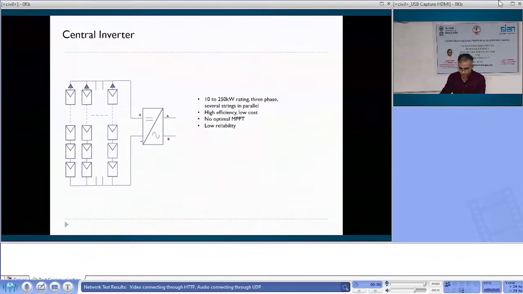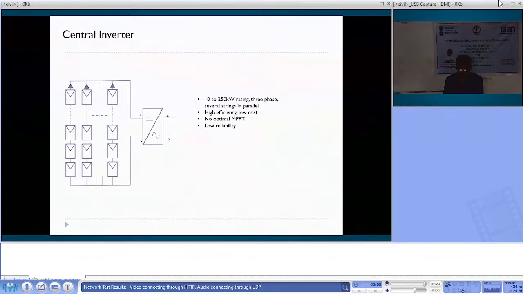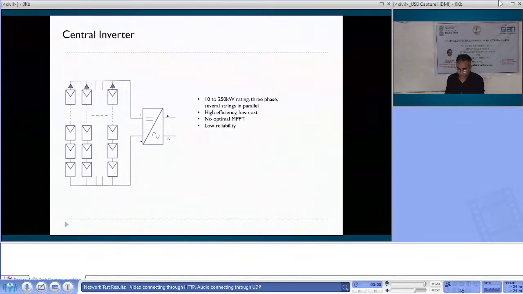So one thing is central inverter. How do we interface the PV system to the grid?